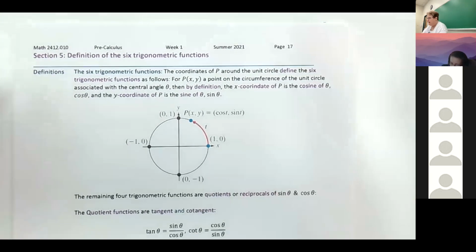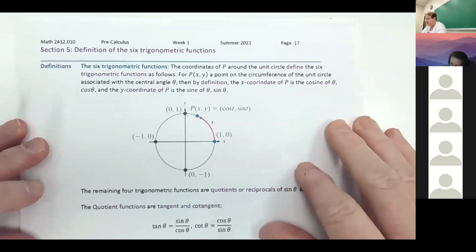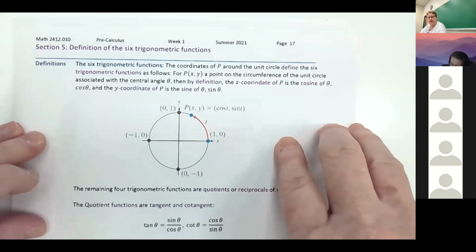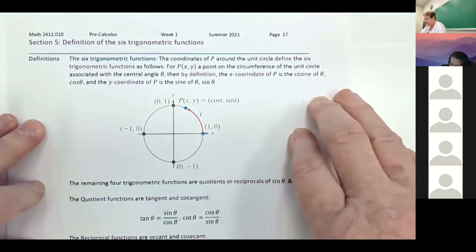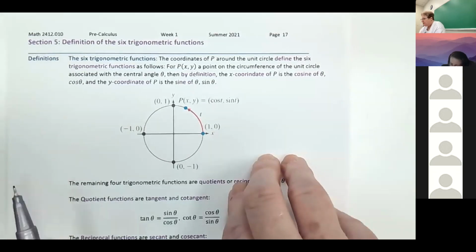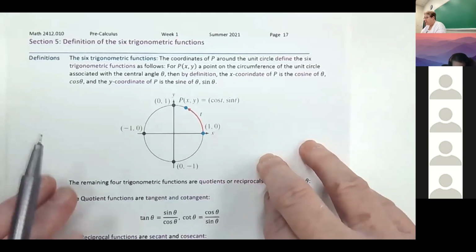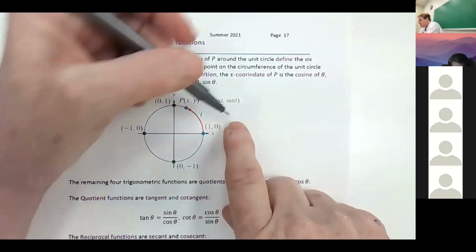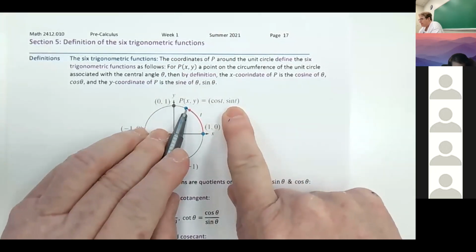Okay, trig. We're going to start trig now, and we're going to do trig almost the whole semester. They call it pre-calculus because there's a little bit we do that isn't trig, but most of it is. So the definition of the sine is the y-coordinate of the point on the unit circle.